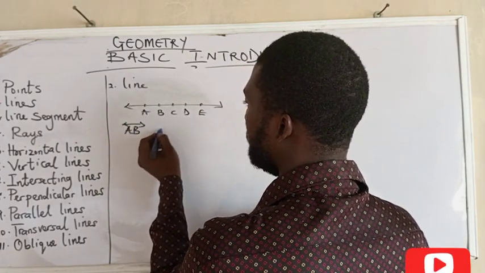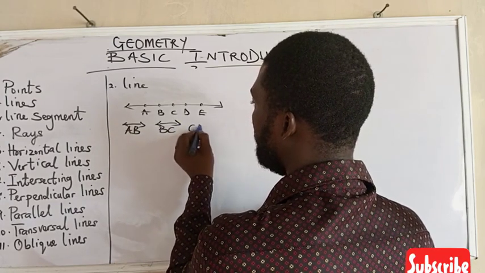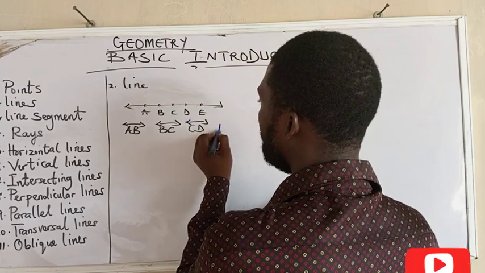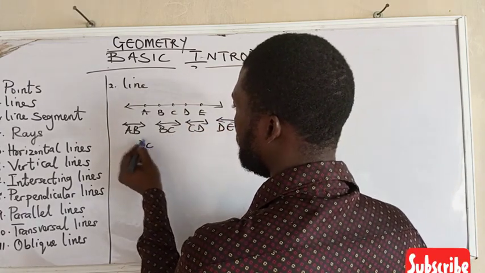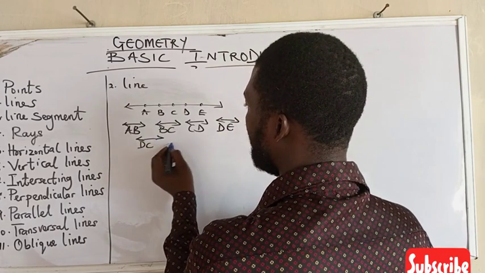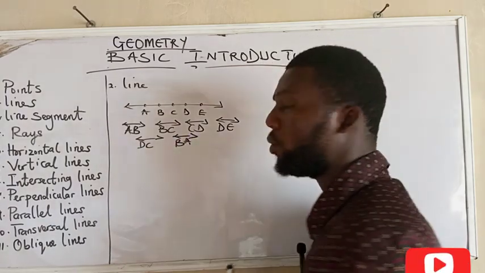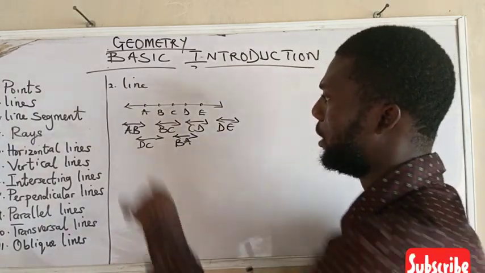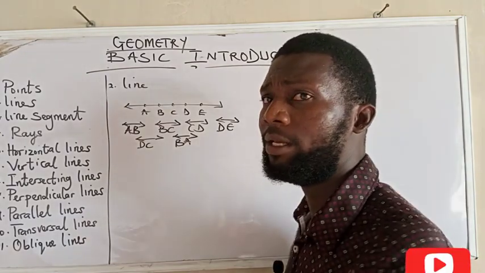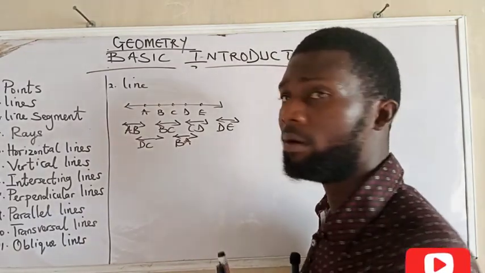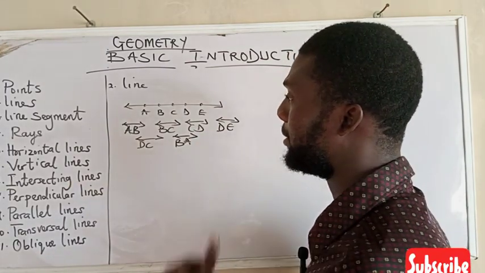I can say this is line BC, line CD, line DE. I can as well say this is line DC, and I can as well say this is line BA, and so on and so forth. So this arrow here tells us that it goes infinitely in both directions and so on forever. So that is what a line is.